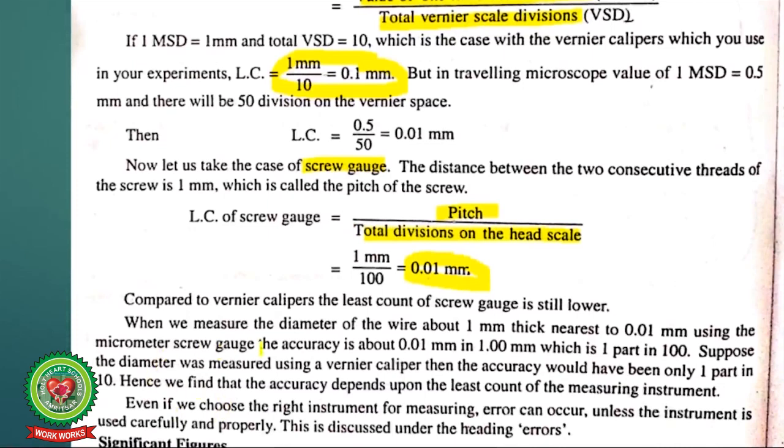Now for the screw gauge, accuracy is 0.001 mm, which means 1 part in 100, whereas in the vernier caliper accuracy is only 1 part in 10, because it is 1 by 10. Hence we find that accuracy depends upon the least count of the measuring instrument.